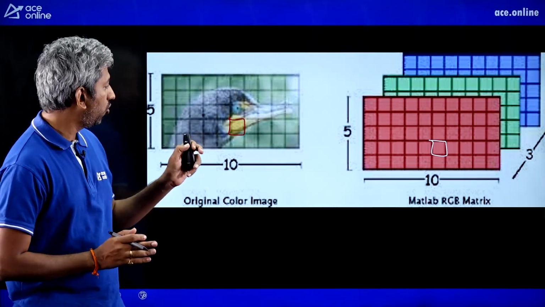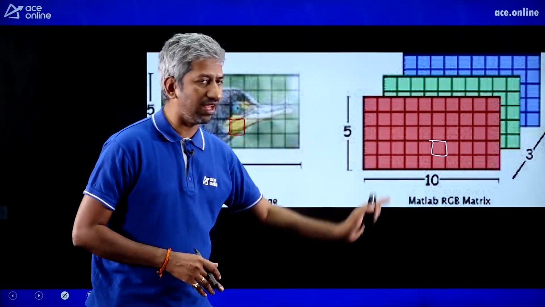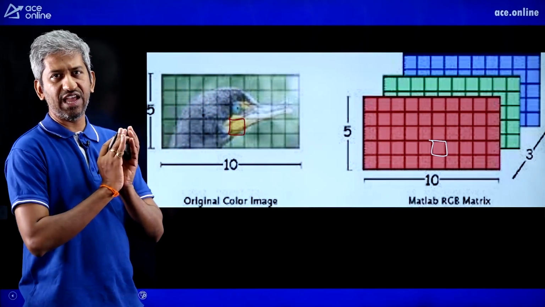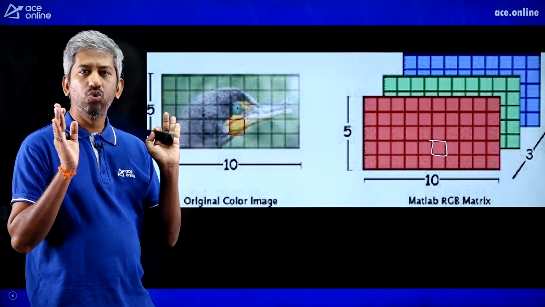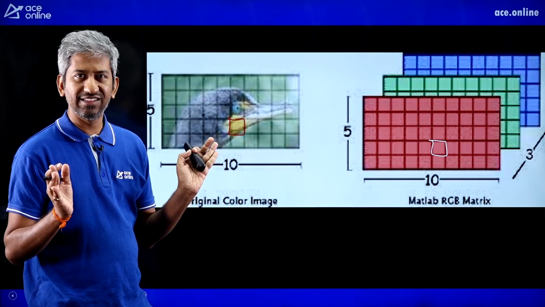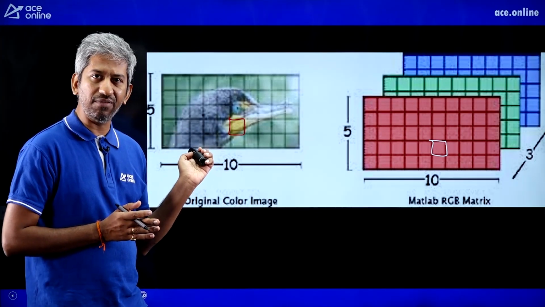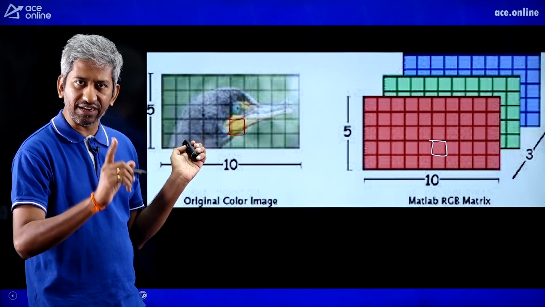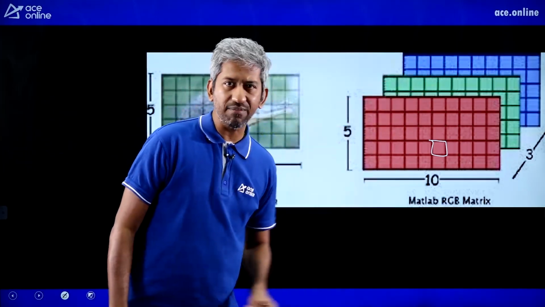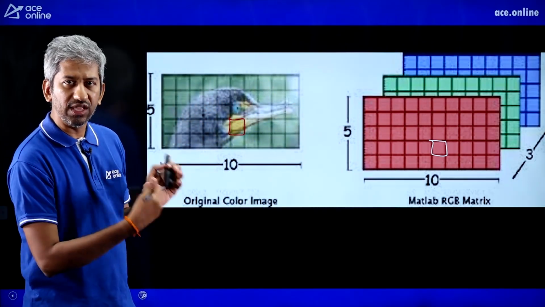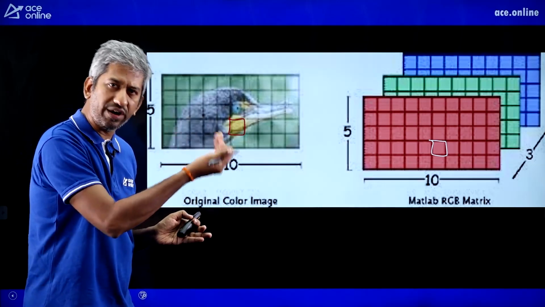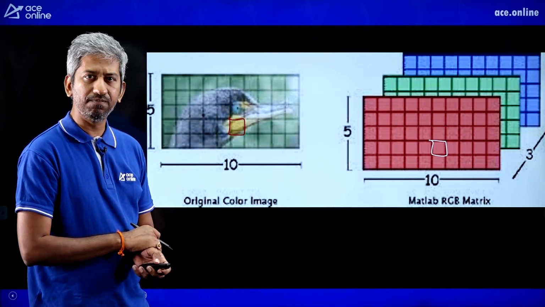Got it? In this manner, any color image can be divided into 3 matrices. Earlier, in a grayscale image, you have only a single matrix. Here you are getting 3 matrices. So in this way, one more dimension has been added.